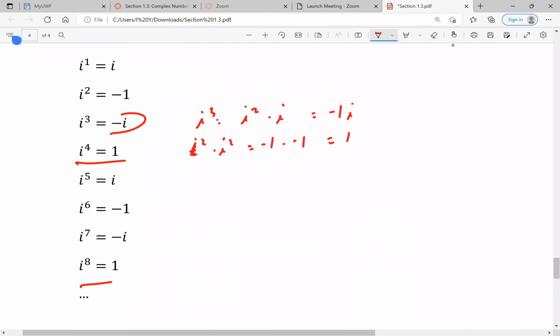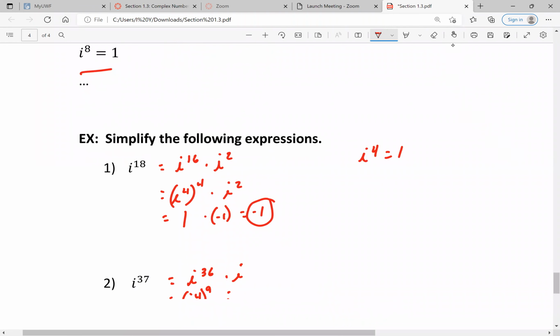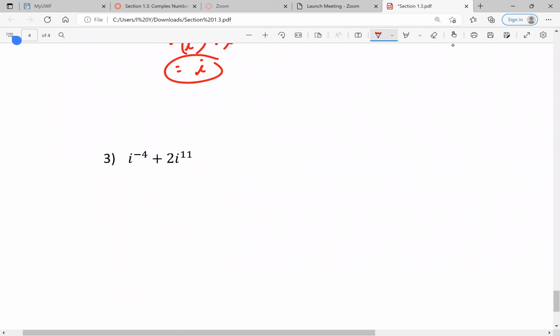Now, looking here, how does this work? i to the -4th. Remember, this is 1 over i to the 4th, right? Plus 2i to the 11th.